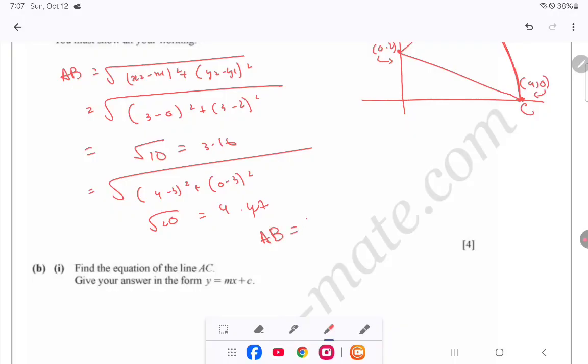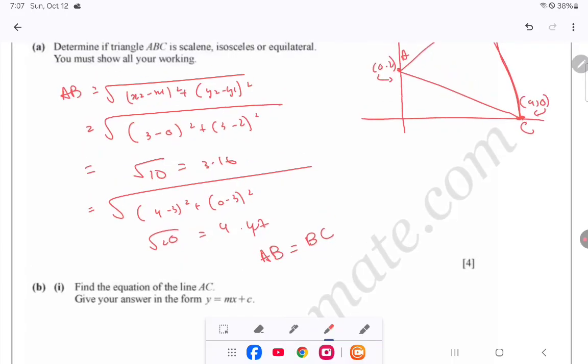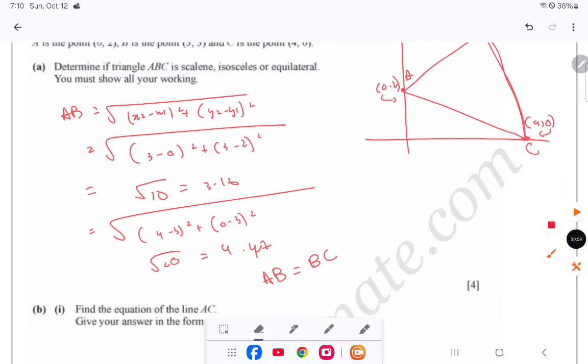Now for the AB is equal to BC. So it will again give you root 10, which is 3.16. So two sides are equal. Now we have to find whether this is really isosceles or equilateral.